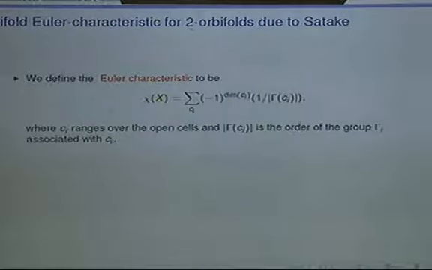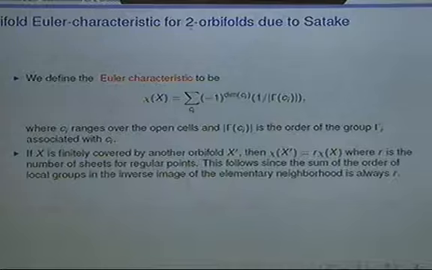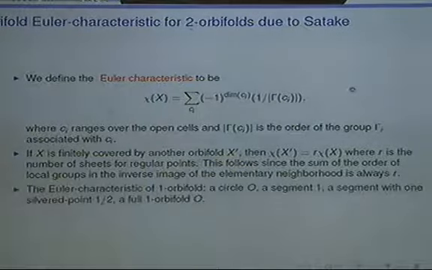Right. So the orbifold Euler characteristic is just that, for Satake, you have to divide by the group order for each cell. If you have a finite cover by another orbifold, where r is the number of sheets, then you just have to multiply by r.